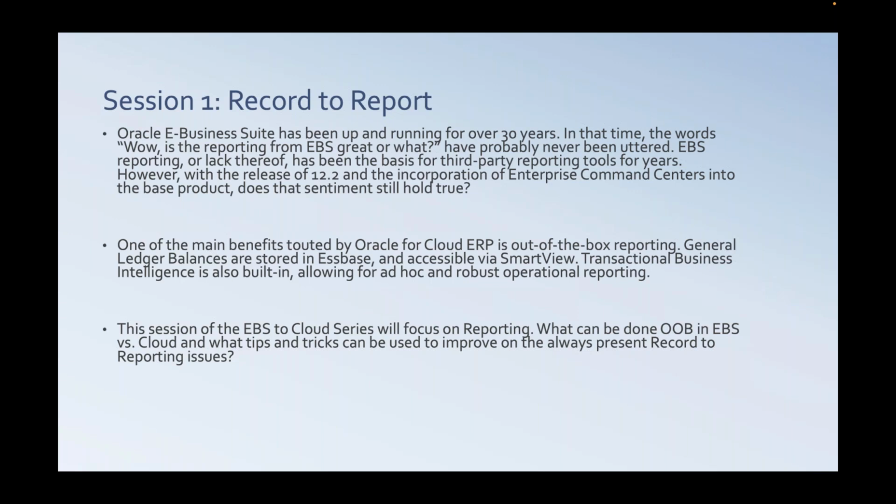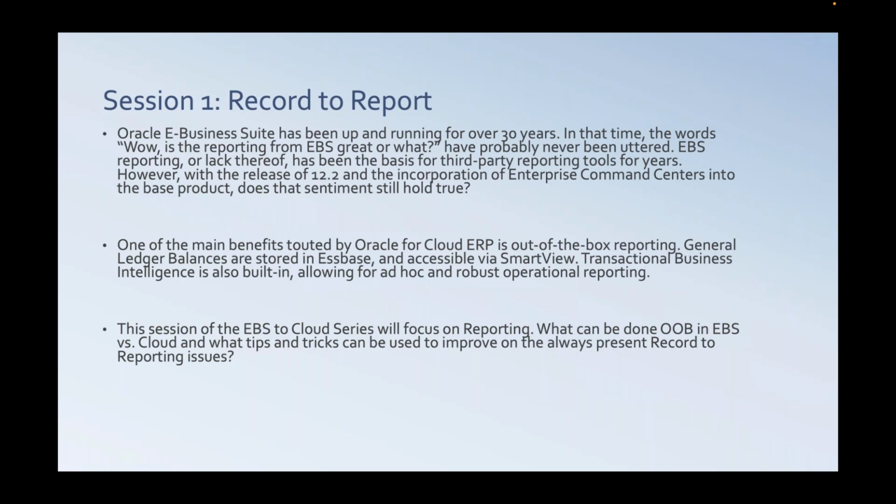Now, one of the things we're going to look at from the cloud point of view is the out-of-the-box reporting. Oracle built cloud. They took the best and brightest from each of the areas and started pulling that together. So no longer do we need FSG reports in general ledger. We now have Essbase. We have all these cubes where everything is just accessible. The balances are out there, and we can consume them with Smart View, with Financial Reporting Studio, whatever.